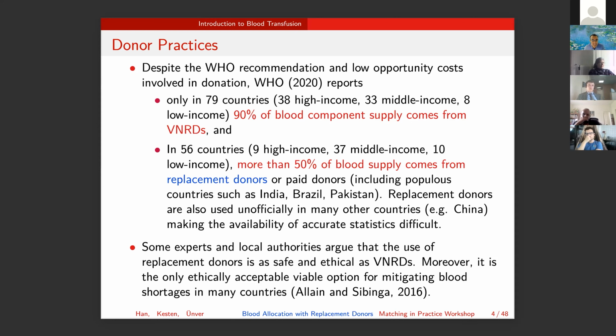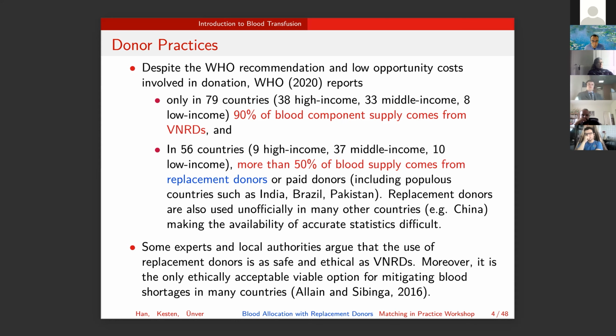And in 56 countries, more than 50% of blood supply comes from what we call replacement donors, or in some cases from paid donors. These countries include populous countries such as India, Brazil, and Pakistan.